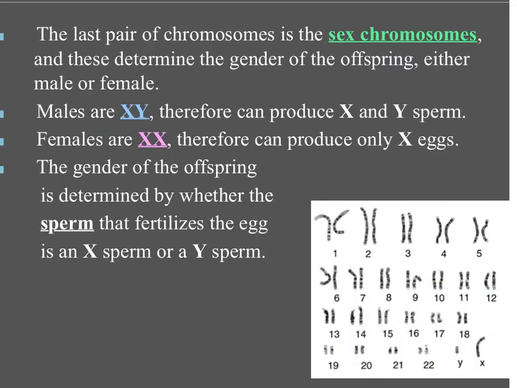So when we are thinking about how sex is determined in a baby or in a zygote, you're actually looking at those chromosomes that come from mom and dad. If we have a male who has an X chromosome and a Y chromosome, then that means that they can contribute an X or a Y. So they're going to have a sperm that has either a Y chromosome, that's my poor little sperm cell with its little flagella, or an X chromosome.